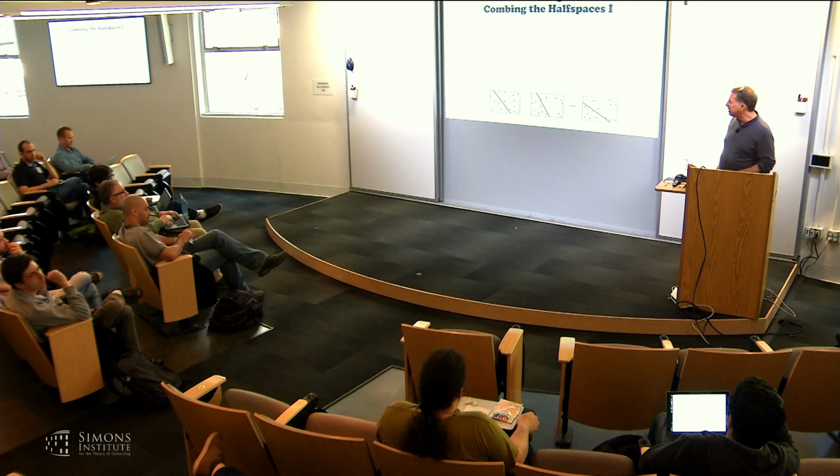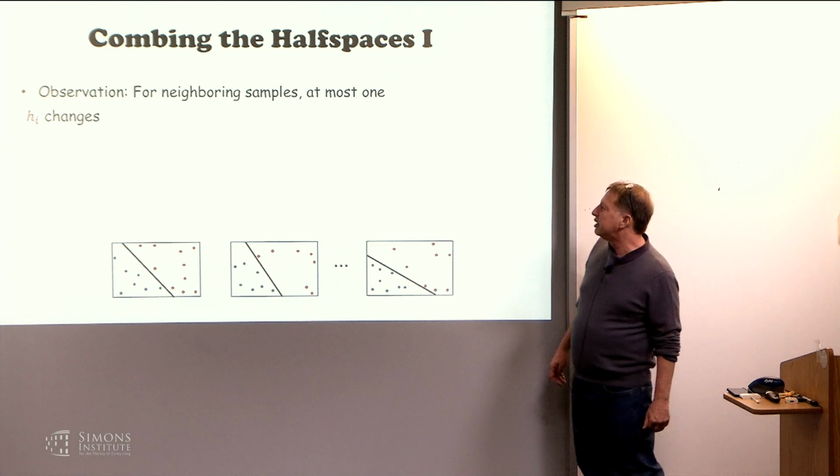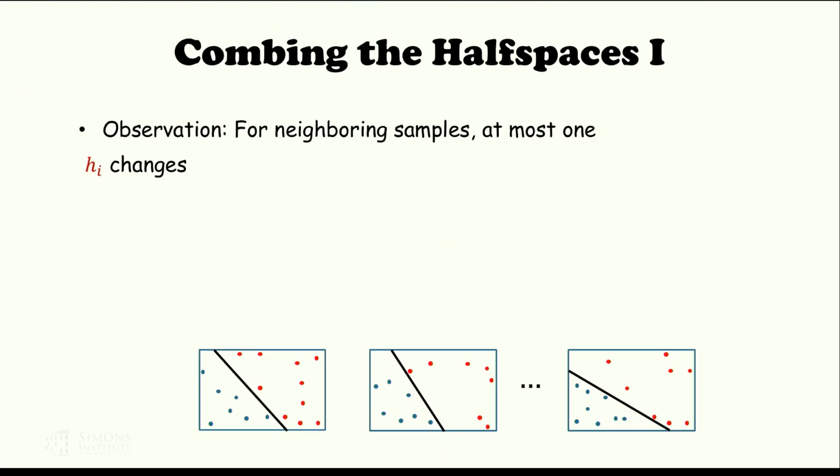So the first thing that we need is the fact of the sample and aggregate. If we take subsamples and we change one point, so for instance, we have this point here that moved from year to year, only one hypothesis will change. So every neighboring sample will change one hypothesis.